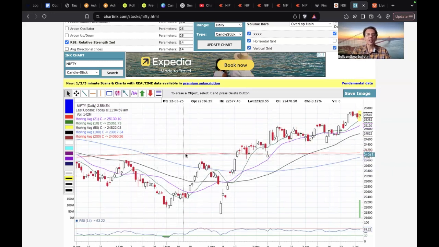Amongst these, the orange line represents the 200-day moving average, which is considered the most important one. If a stock or index is trading below this line, it's considered weak or bearish. At the same time, if the stock or index is trading above this line, it is considered strong or bullish.